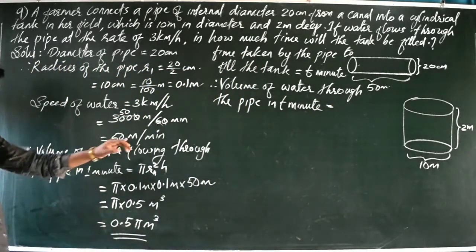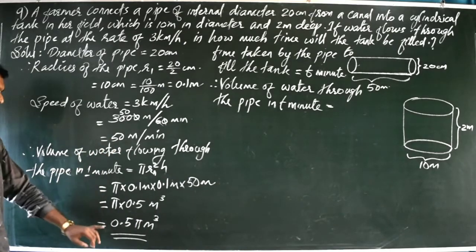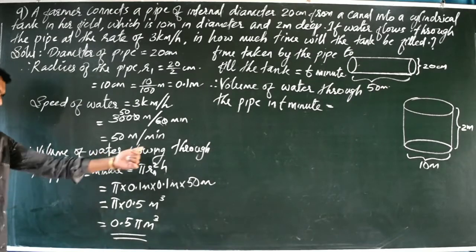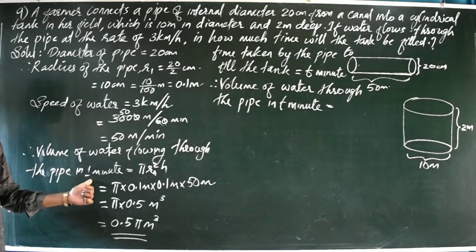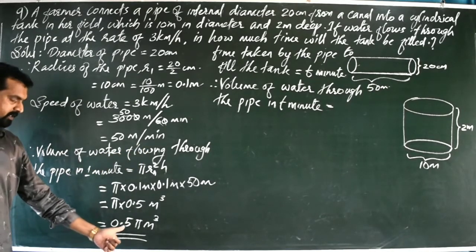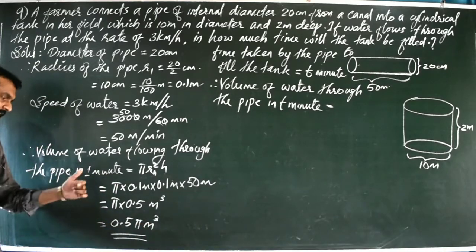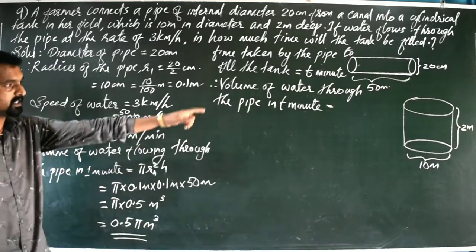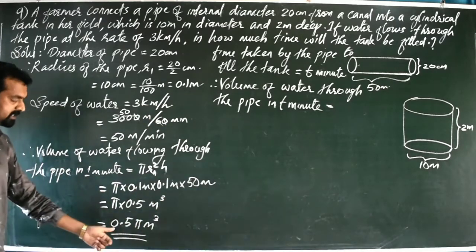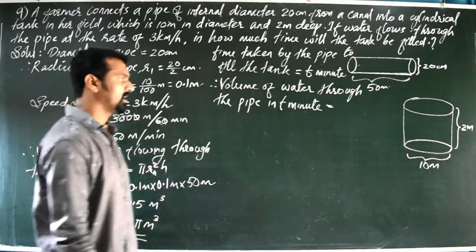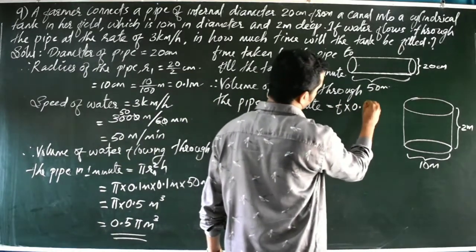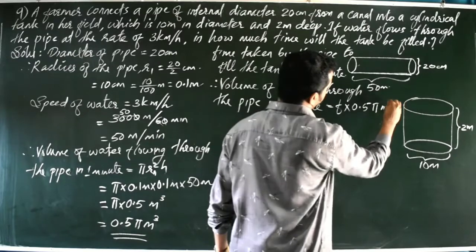Volume of water flowing through the pipe in 1 minute is 0.5 pi meter cube. In 2 minutes it is 2 into 0.5 pi meter cube. In 3 minutes it will come 3 into 0.5 pi meter cube. Then in t minutes, how much will it come? t into 0.5 pi meter cube.